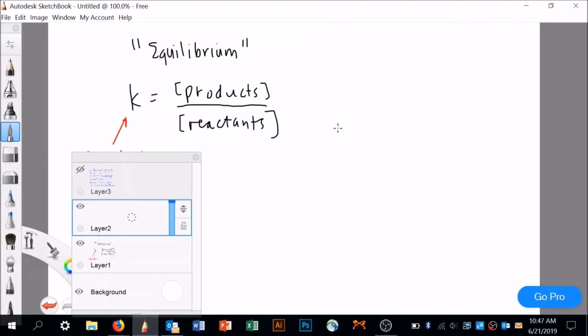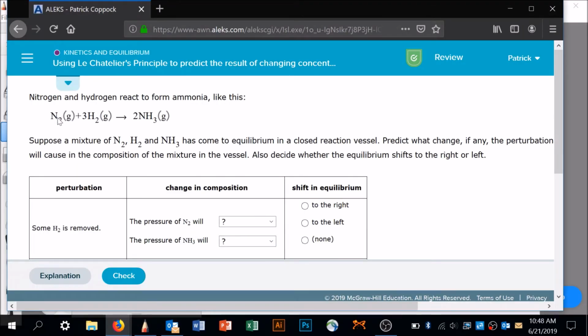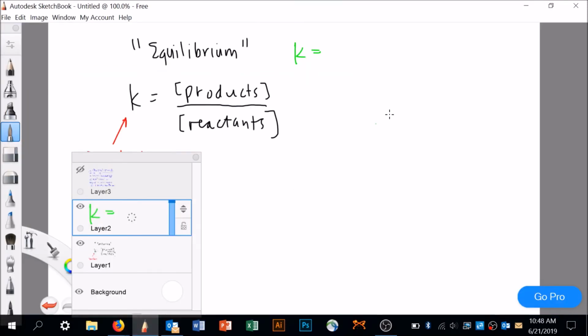Okay, so K is equal to, let's come back over here, nitrogen plus 3 hydrogens give 2 ammonias. Nice clean. 2 ammonias. Ammonia was my product. Nitrogen plus 3 hydrogens, okay?